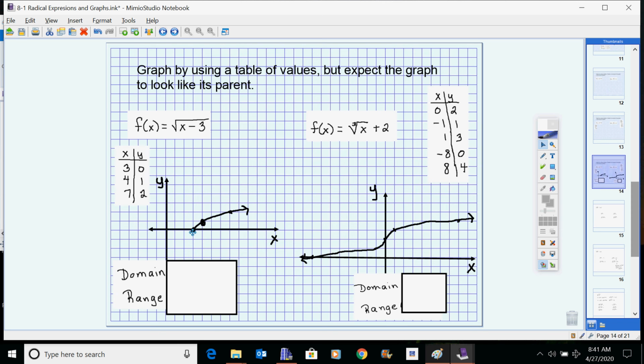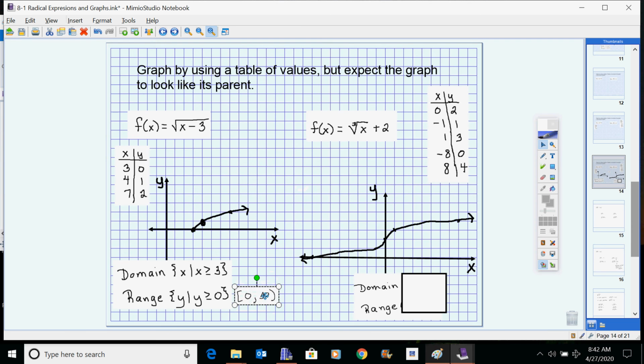So our domain now is not starting at 0, the domain is starting at 3. So it's everything bigger than 3 is going to give you a right answer, or 3 itself. The range is going to start at 0 once again and go to infinity. So my range in interval notation looks just like it did before.